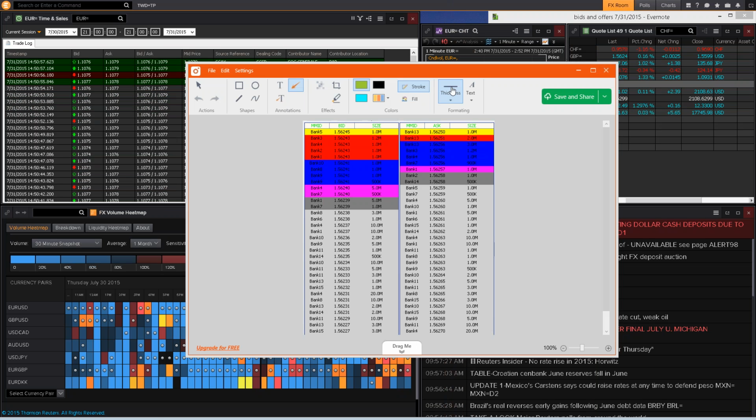The other thing that I wanted to show you guys is this. Because of the anonymity of banks, it only shows the bank number down here. This is a prime brokerage account, and these are all limit orders, none last look. The heat map updates every 30 minutes.